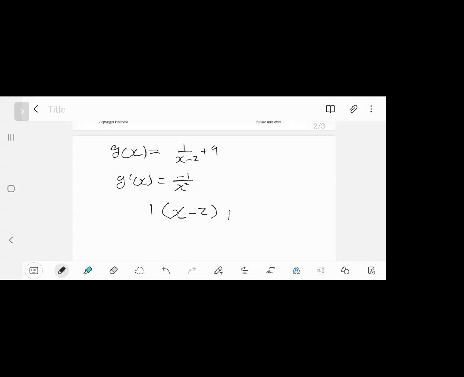Outside the bracket, you put a negative 1. The x gets a negative 1, and the minus 2, you put in a bracket, gets a negative 1, and then put the 9.